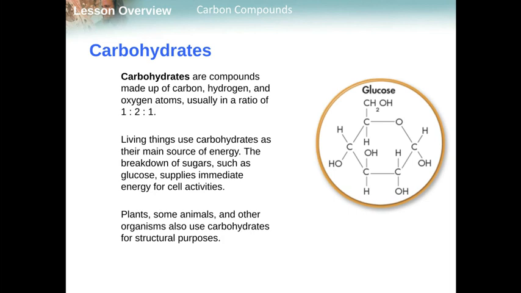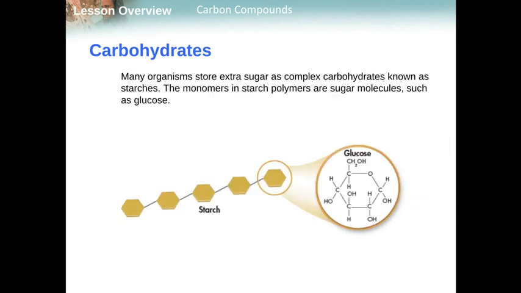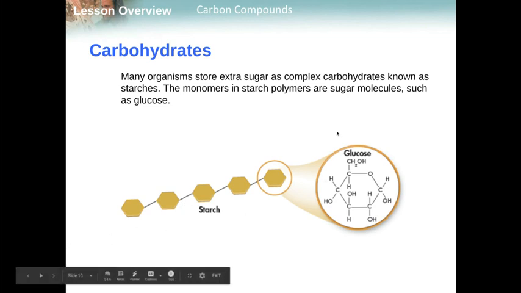The main structure of wood is made up of really, really complex carbohydrates, polymers, that make up the cell wall. Many organisms store extra sugar, okay, starch, for example, as a carbohydrate.